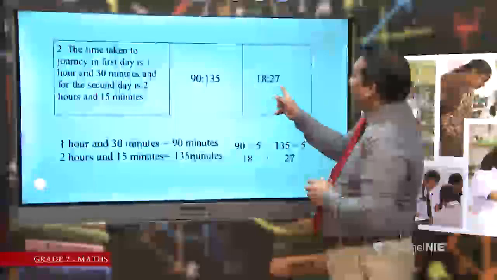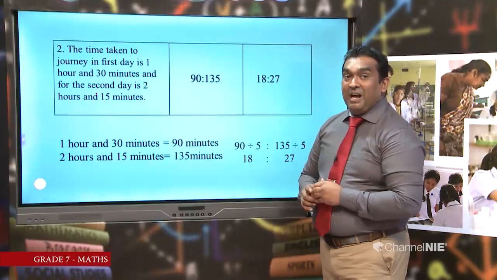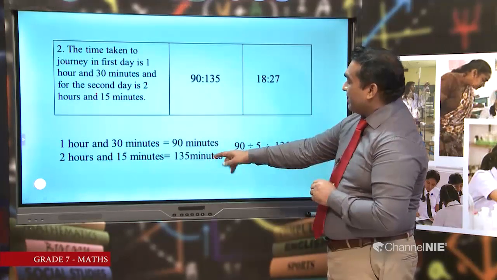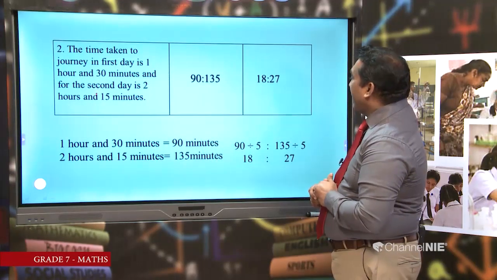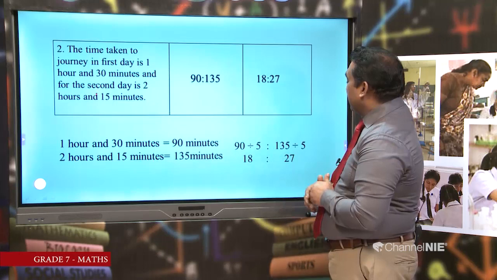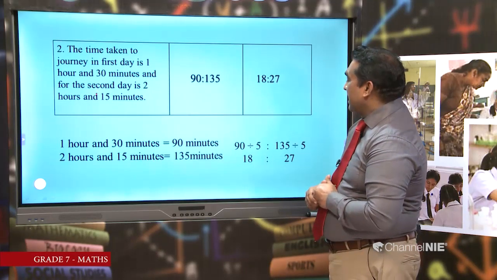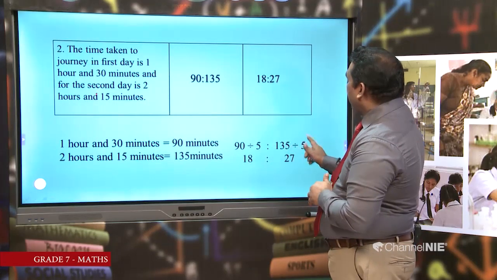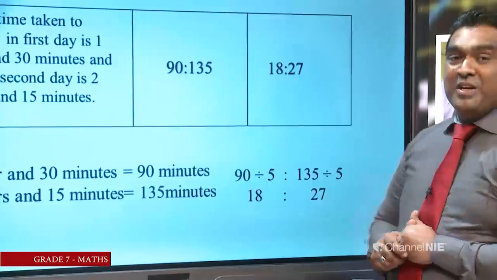How to get it? 90 minutes, 135 minutes. What is the highest common factor? That is 5. 90 over 5 is 18. 135 over 5 is 27.